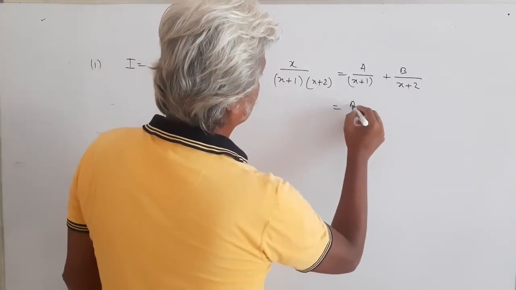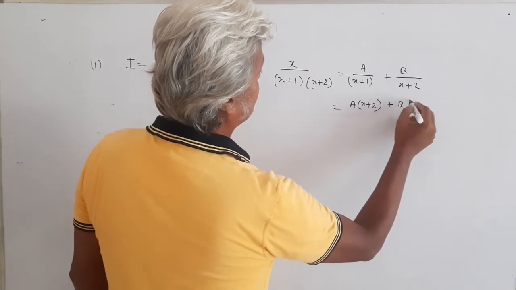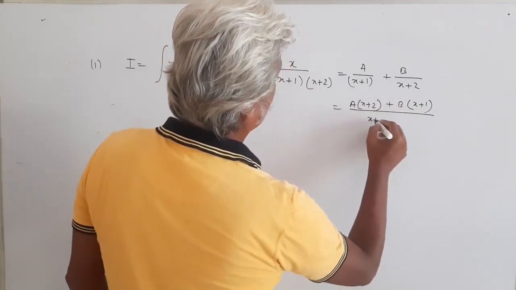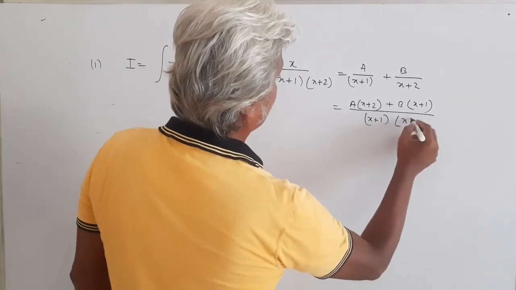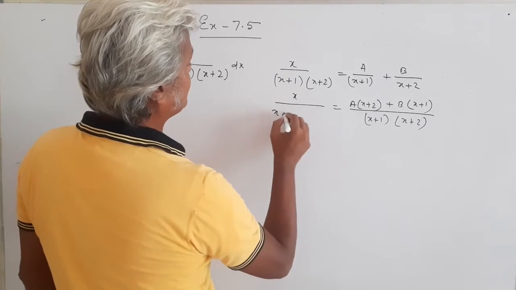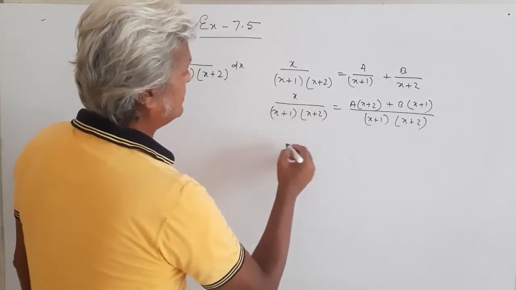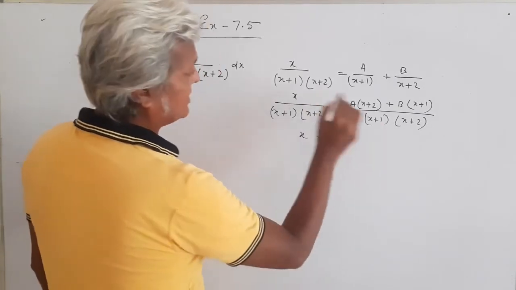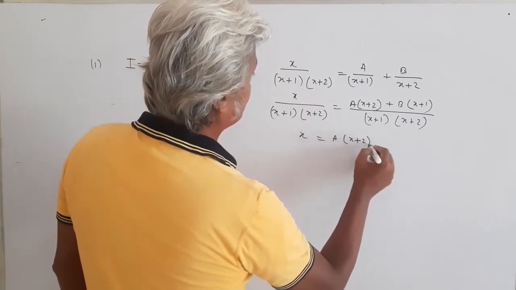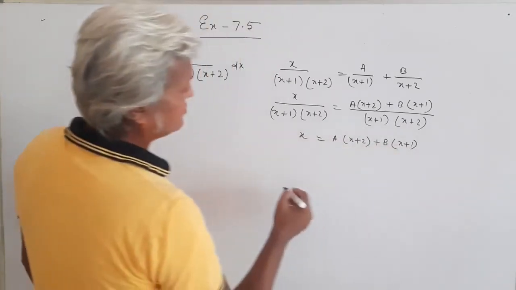So this becomes A(x + 2) plus B(x + 1) over (x + 1)(x + 2), and now you compare this with x over (x + 1)(x + 2). Therefore just comparing the numerator, x is A(x + 2) plus B(x + 1).